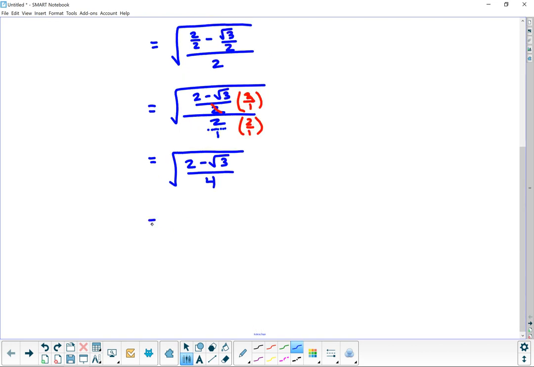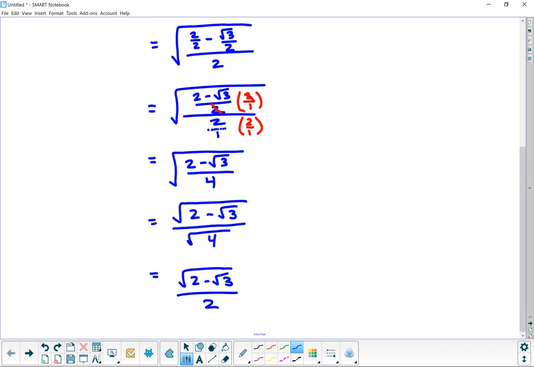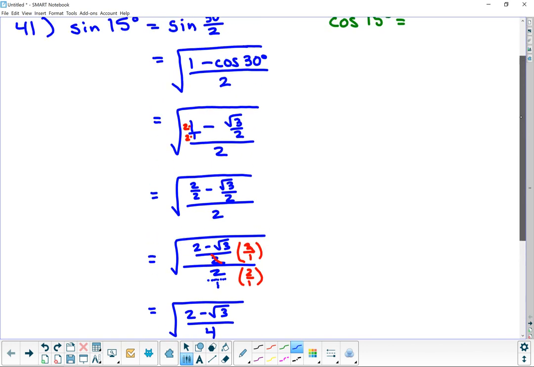The top is just going to remain square root of 2 minus square root of 3. And the bottom, the square root of 4, is going to end up being 2. So we're going to go ahead and rewrite this as square root of 2 minus square root of 3 over 2. All right, and then we need to check to see if this is a positive or negative.